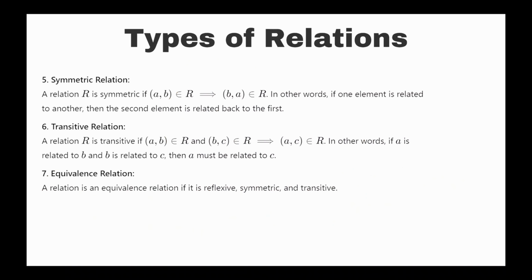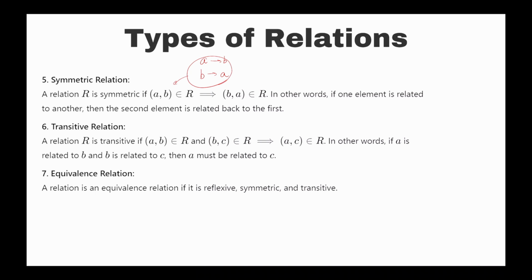Now talking about symmetric relation, let's say in my set I have A is related to B and I also have one more element where B is related to A, then this becomes a symmetric relation. So a relation R is symmetric if (A,B) belongs to the relation, then (B,A) also belongs to that same relation. In other words, if one element is related to another, then the second element is related back to the first.